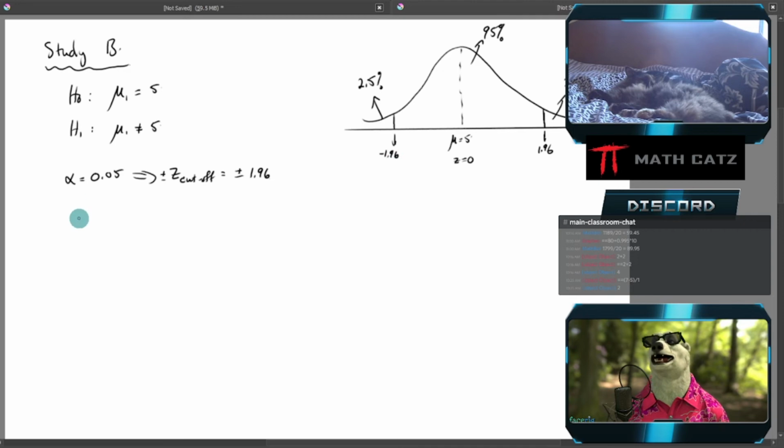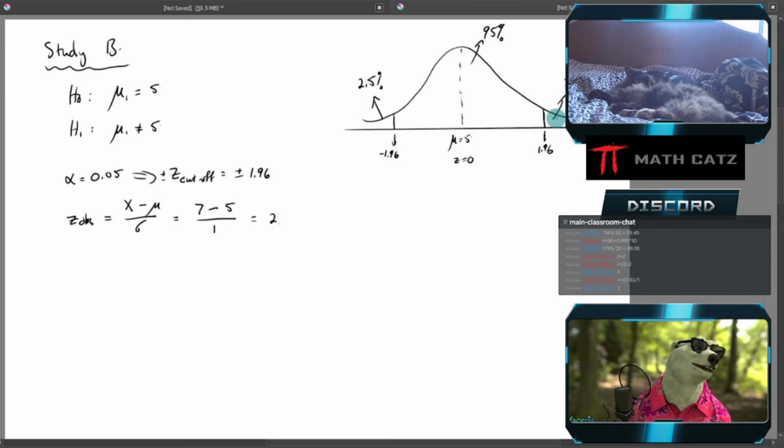So now I want to see, well, what is my observed standardized z-score? Well, I take the observed raw score, subtract the mean over the standard deviation. That's going to be 7 minus 5 over 1. Simple enough. It's a 2 again.